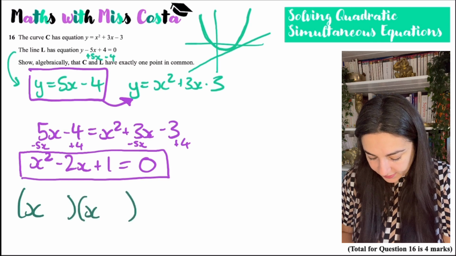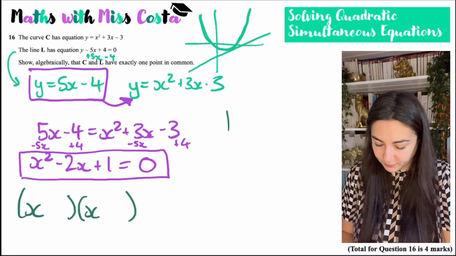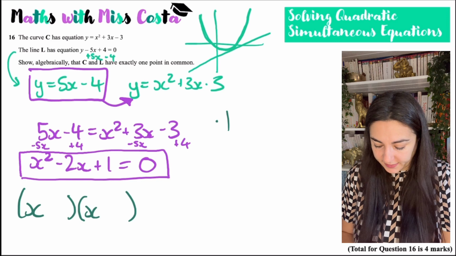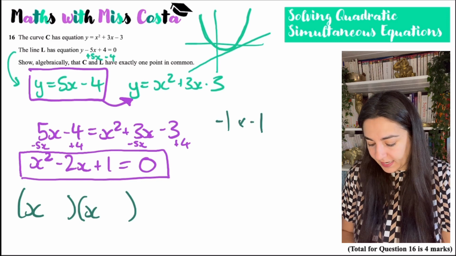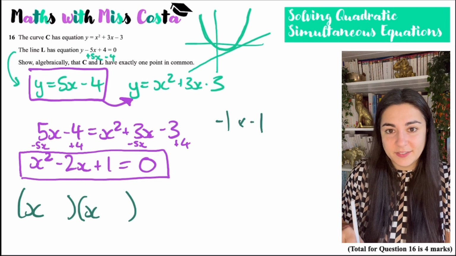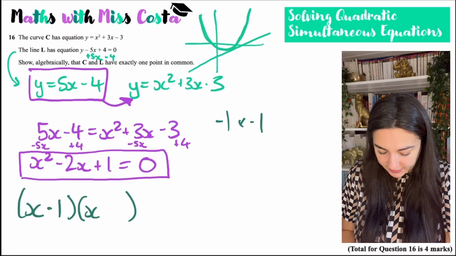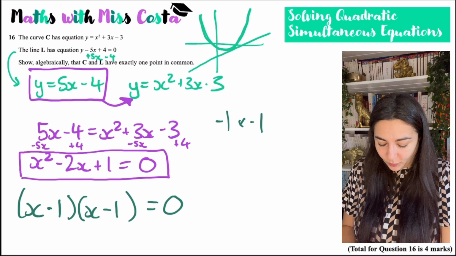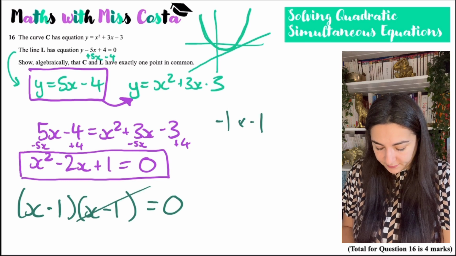It's a quadratic. So the factors of 1 are 1 and 1, and they need to make negative 2x. So negative 1 times negative 1 makes positive 1, and negative 1 take 1 is negative 2. So they're both going to be x take 1 equals 0. So when it comes to solving it, I can do one at a time.